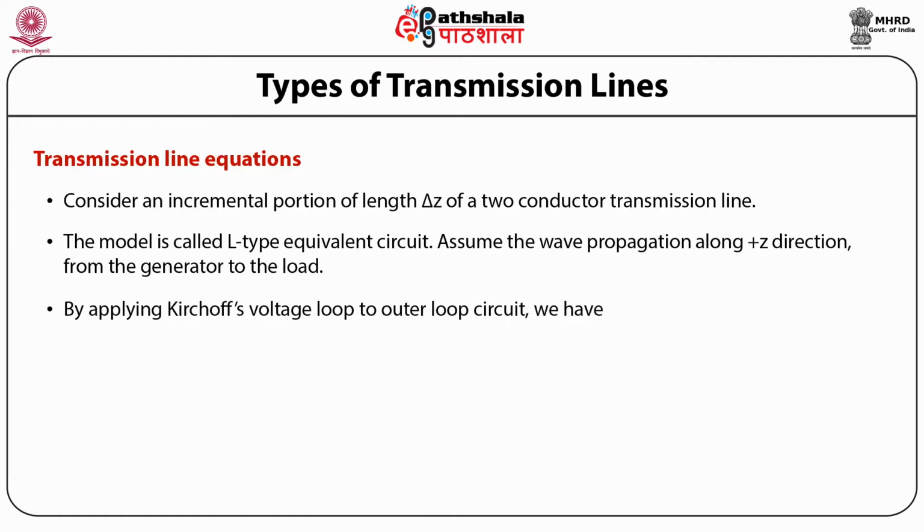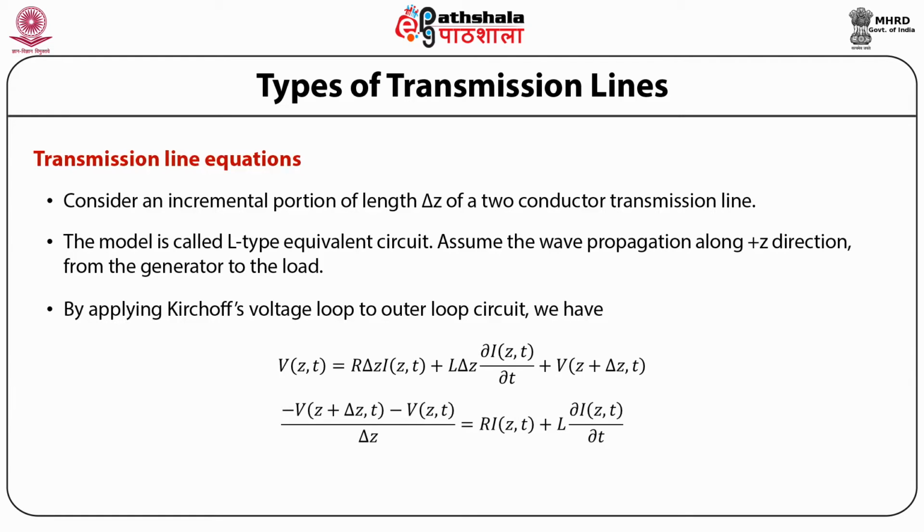So by applying Kirchhoff's voltage law to the outer loop of the circuit, we have V(z,t) equal to R delta Z I(z,t) plus L delta Z delta I by delta t plus V(z plus delta z,t).